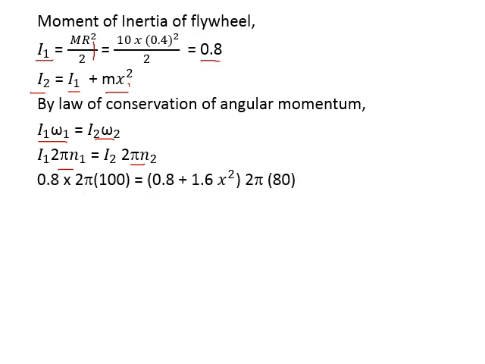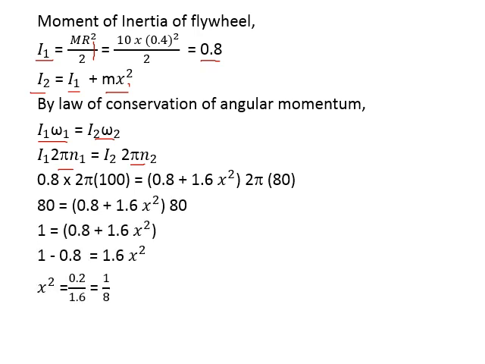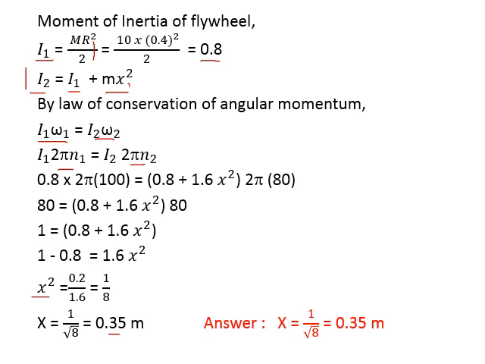Substitute the values and find the value of x. You have to simplify for x square first and then x. This is the value of x. The calculation part is simple. Clear? It means the principle of parallel axis first, and second the law of conservation of angular momentum.